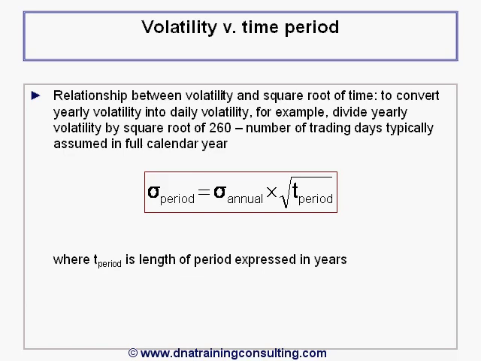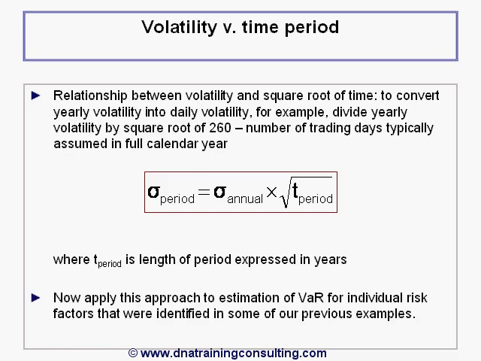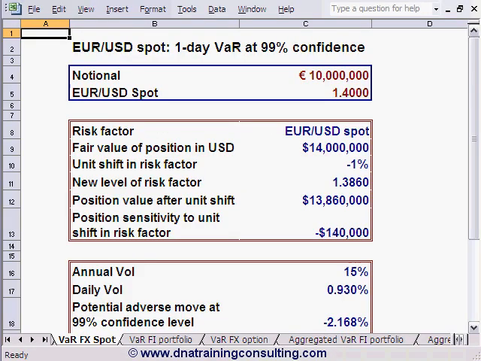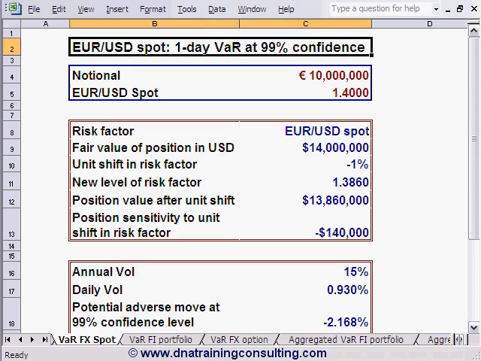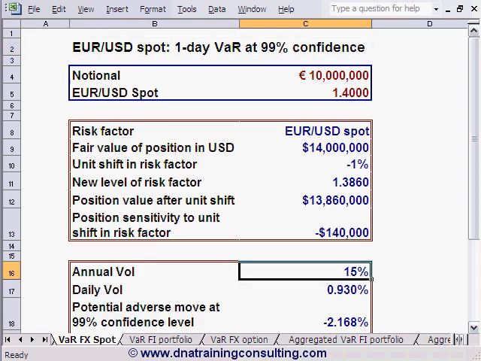We now apply this approach to the estimation of VAR for the individual risk factors that were identified in some of our previous examples. We begin with the euro-dollar spot position and illustrate the calculation of its VAR over 1 day at a 99% confidence level, assuming an annual volatility for euro-dollar of 15%.